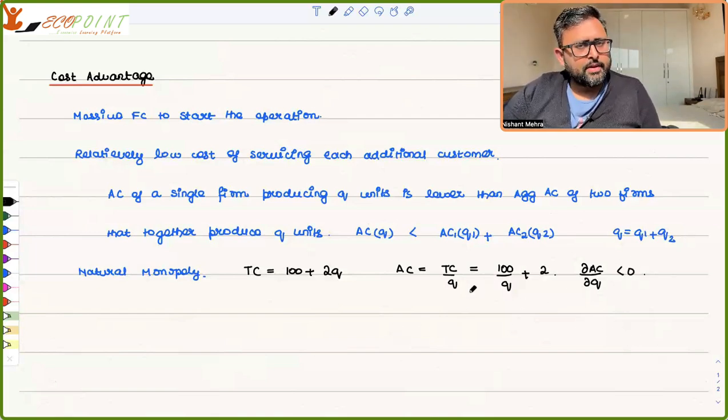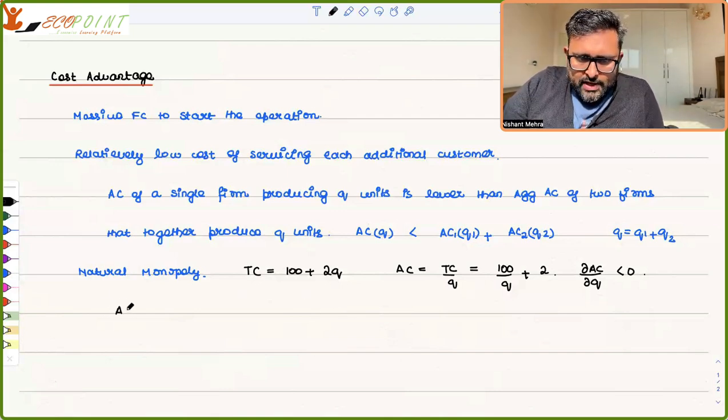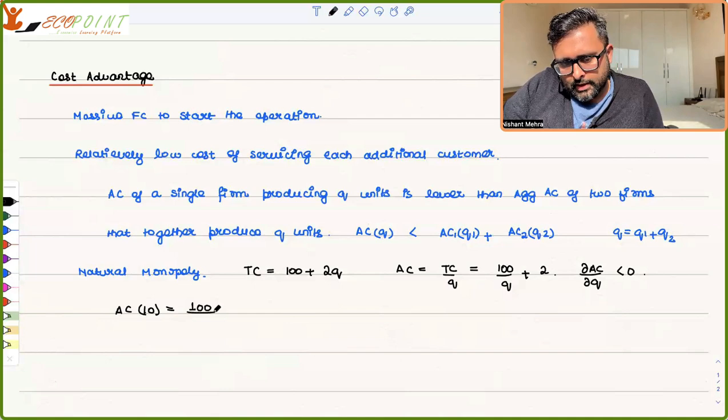So इसका मतलब है कि AC is falling. चलो यहाँ तक भी बात सही है. Supposedly if 10 units of output has to be produced and there is only one firm producing it, so what is the AC? 100 upon 10 plus 2, so 10 plus 2, which is 12.